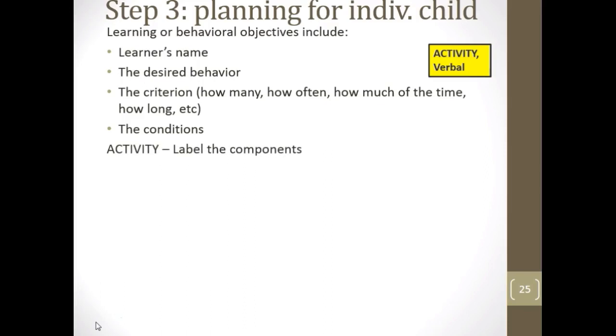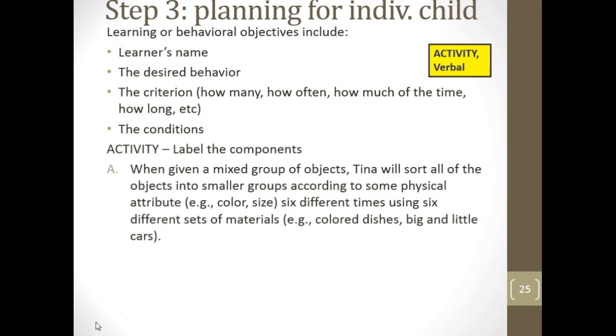So let's look at a learning or behavioral objective, and let's look at the different components that are here. So I know you know how to read. So what I'm going to ask you to do is think about or label or write down for each one of the learning objectives above there, learner's name, where is that? Maybe circle it or write it down. Okay? The desired behavior. What is the behavior that we are wanting to see demonstrated for Tina?